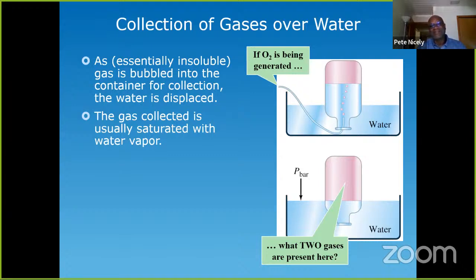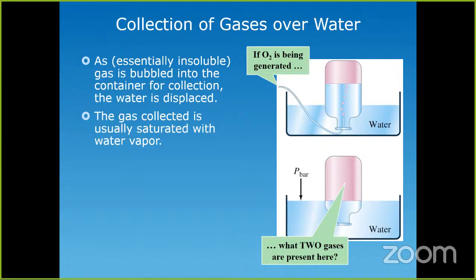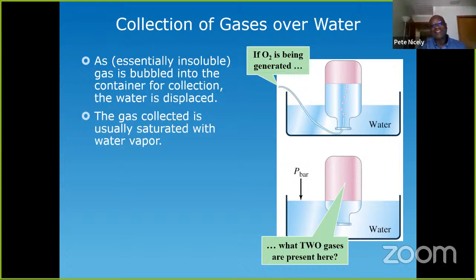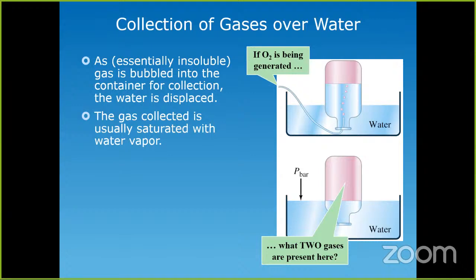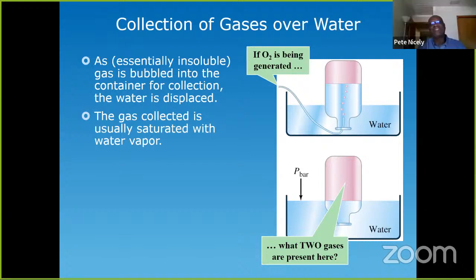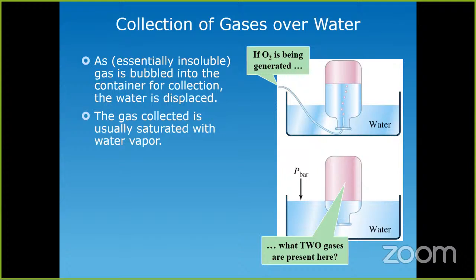Any other guesses you can make? CO2? Nope. Let me give you a hint. Oxygen is being collected over water, right? So what would be the other gas in addition to the oxygen that's present? Water vapor.